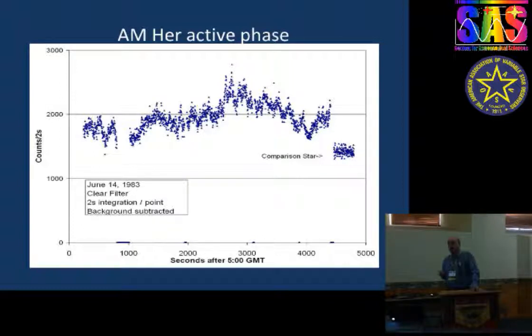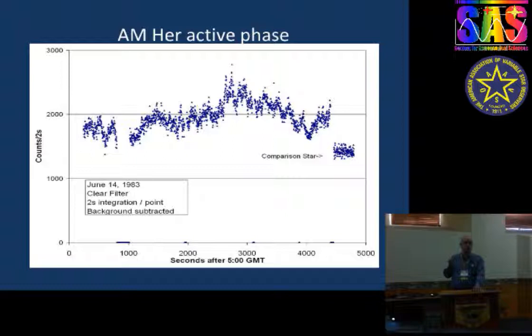Like I say, I've been at it for 35 years. This is AM Her, which some of you may be familiar with. It's about a 13th magnitude star, and it flickers away because it's a cataclysmic star, in which material is falling off of the secondary onto the primary.